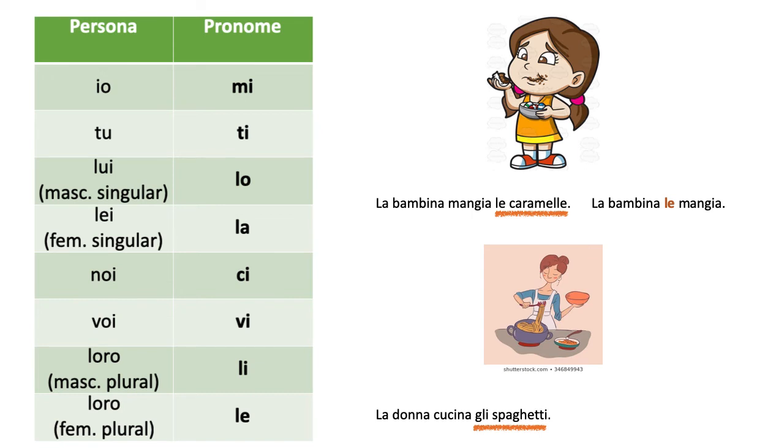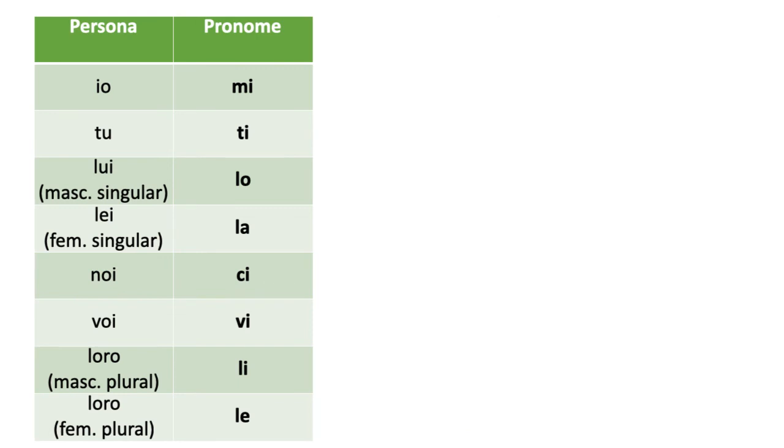Spaghetti is the plural, and they're masculine, right? Where's masculine plural? It's li, right? That's the pronoun we need. We put it before the verb. La donna li cucina. What does that mean, by the way? It means the woman cooks them, right? We just replaced the spaghetti with the correct pronoun, them, right? La donna li cucina.